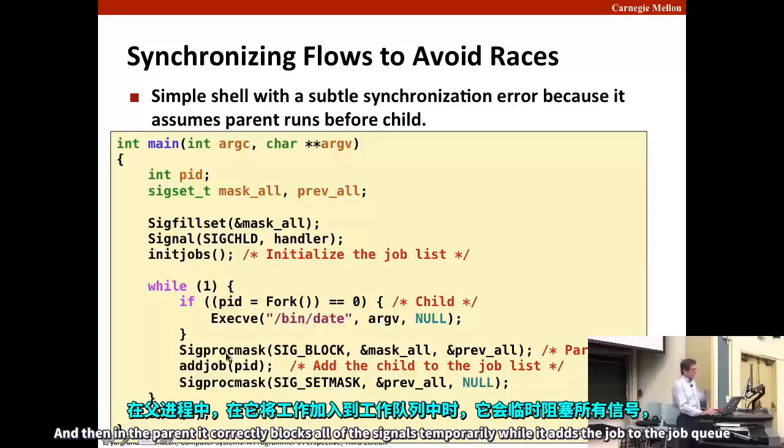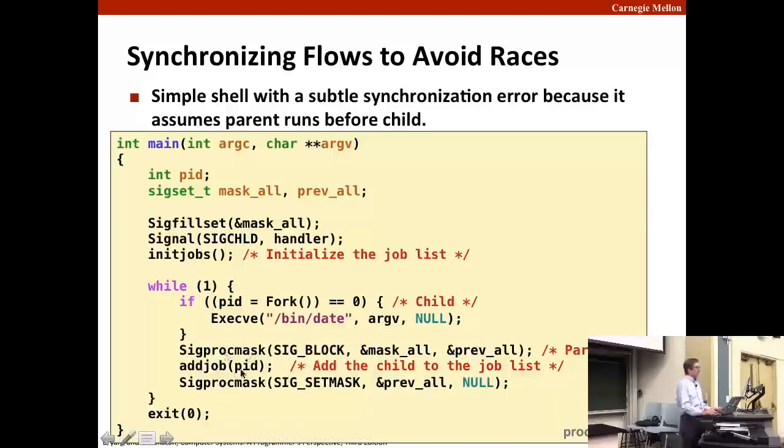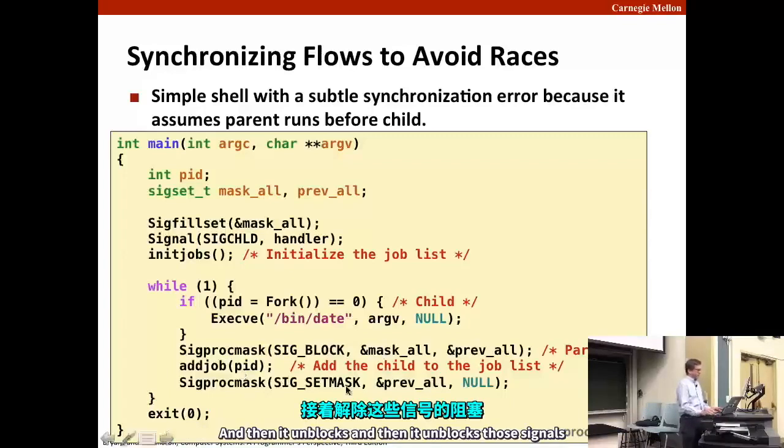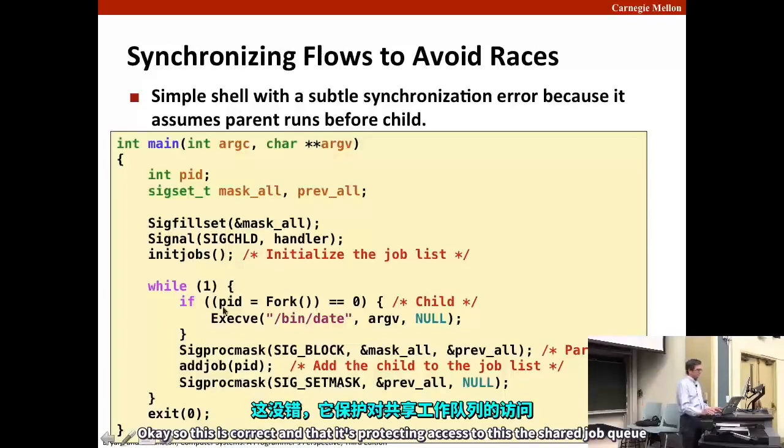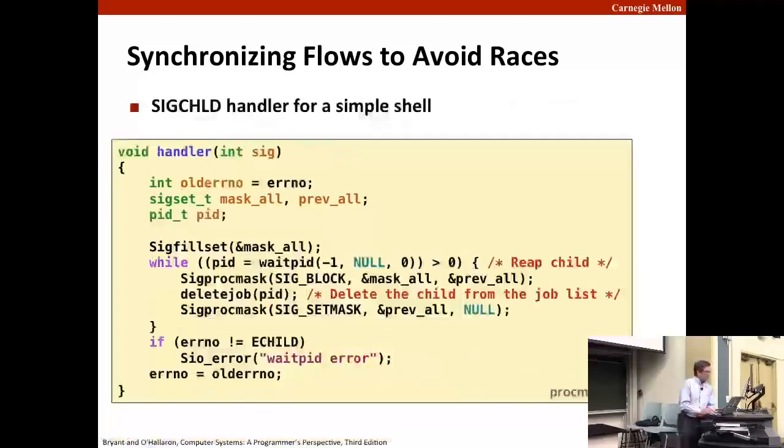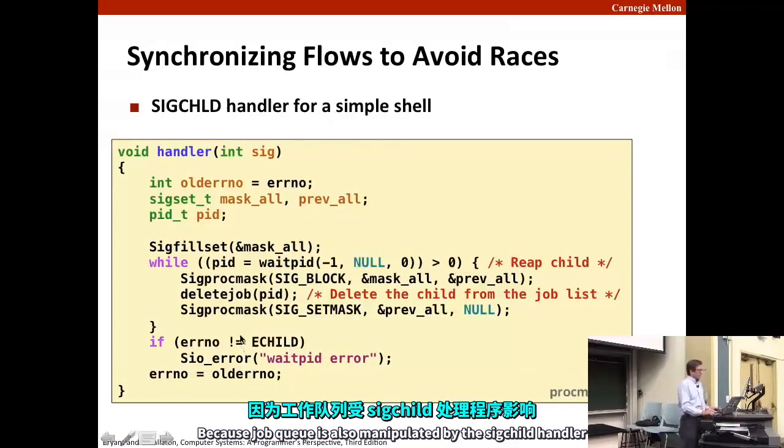In the parent, it correctly blocks all of the signals temporarily while it adds a job to the job queue, and then it unblocks those signals. This is correct in that it's protecting access to this shared job queue, because that job queue is also manipulated by the SIGCHLD handler.